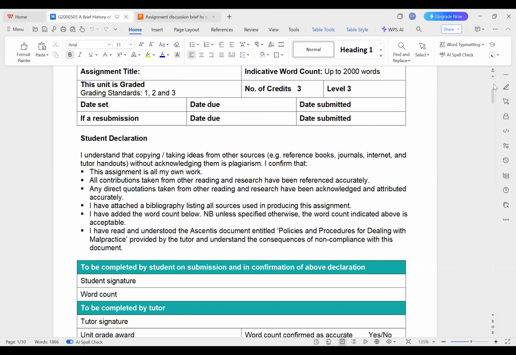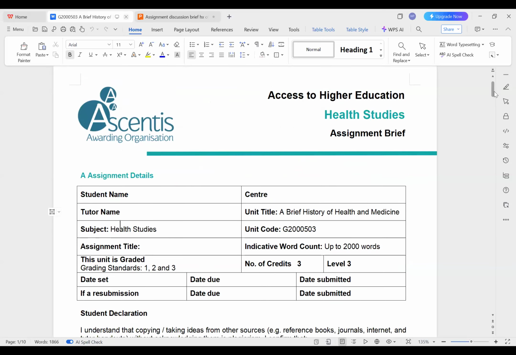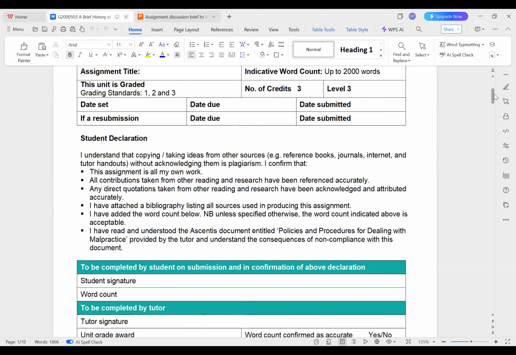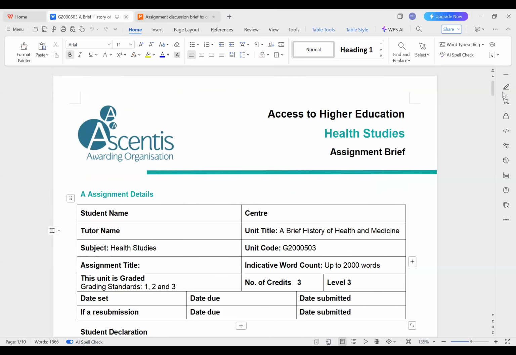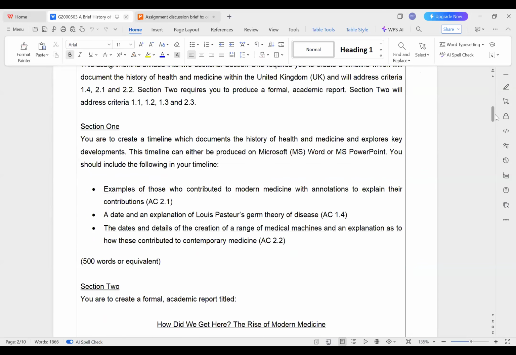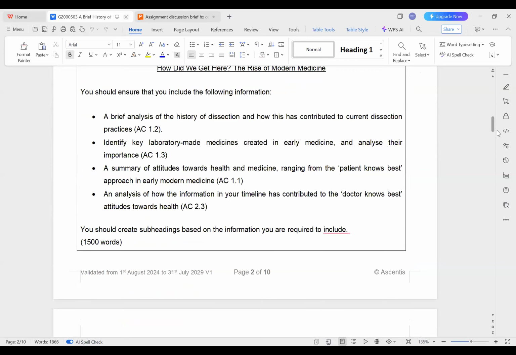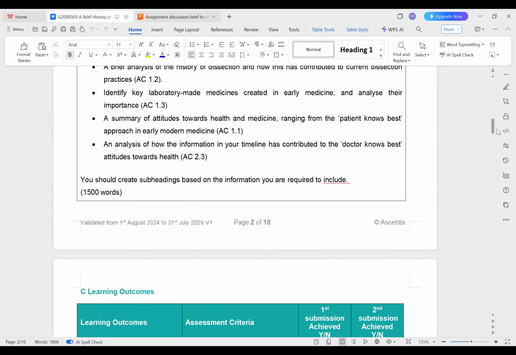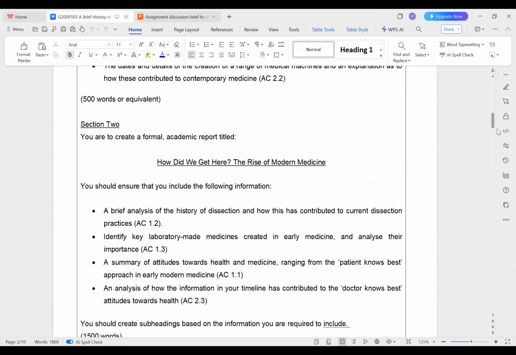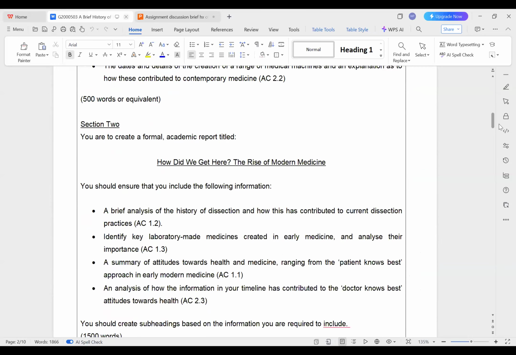When you use this Word document, you're working on the same document; you don't need extra Word documents. You work primarily on this document, where you give your details, then you have the assignment brief, then the first section, and then the second section. This is for us to assess you. This is the assignment brief that we've just discussed.